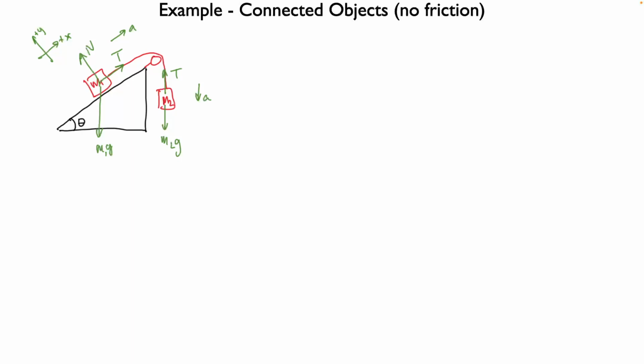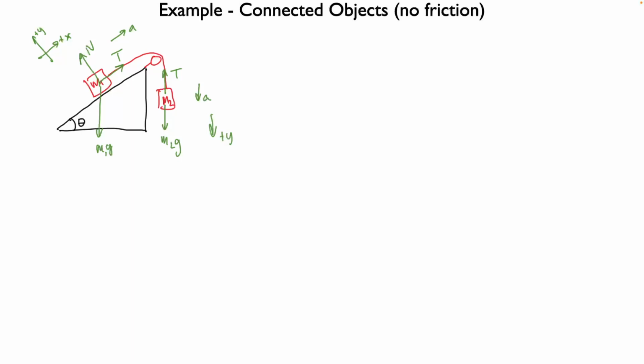And what direction am I going to call positive y for mass number 2? Down. Why am I going to call down positive for mass number 2? What's the rule of thumb? Always put the positive direction in the direction of acceleration.